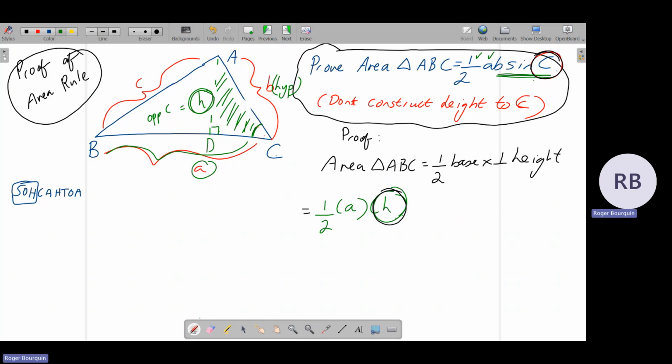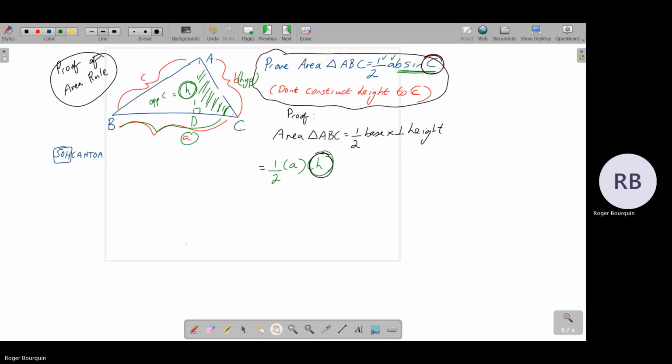So my objective is to get rid of this H in the formula, so I'm going to do substitution. Now I want to look up sine of C. So sine of angle C is equal to opposite over hypotenuse. You have to write all these steps.